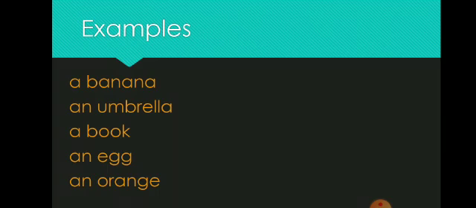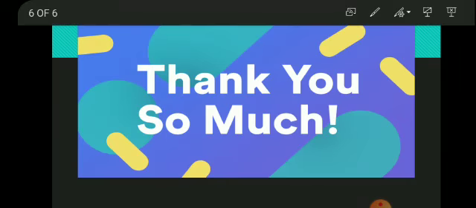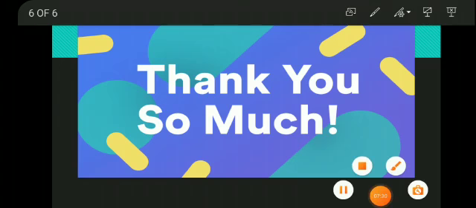Again the last word, orange, an orange, a singular object, and the word begins with a vowel sound, that's why as per the language rule we put an before the word. That is, if the word begins with a vowel sound, then we put an before it. And you must know the word must be a noun, and that must be a singular noun. Okay, thank you.